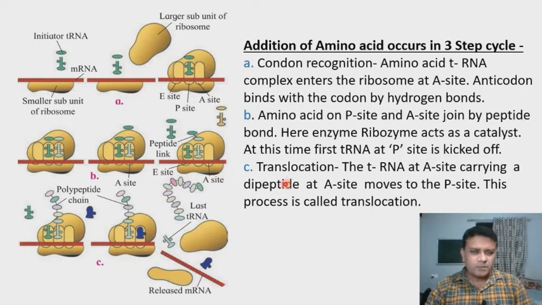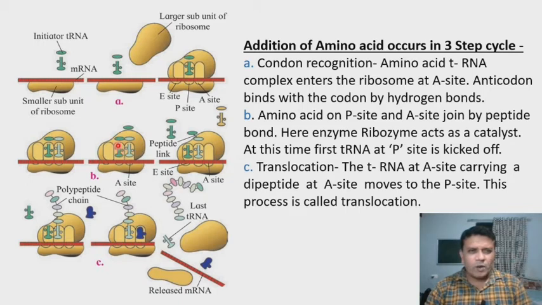That means here we can see the tRNA present at this P site is kicked off. Here we can see the P site and here is the A site.